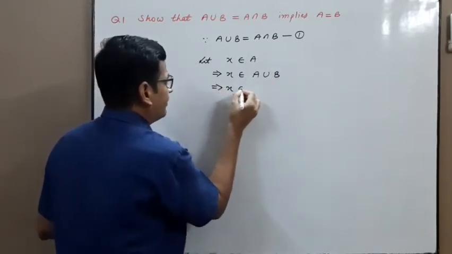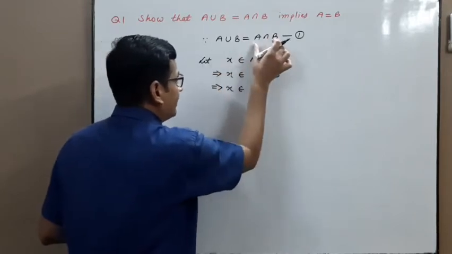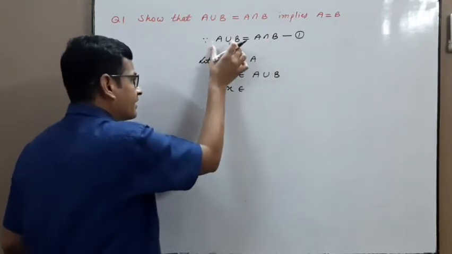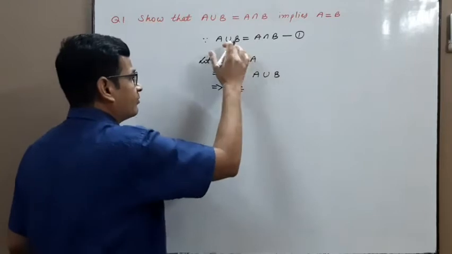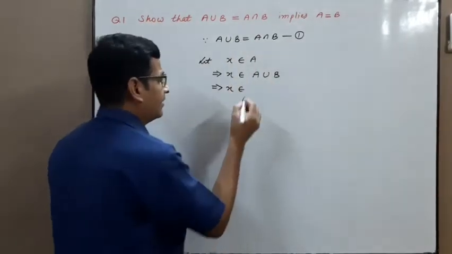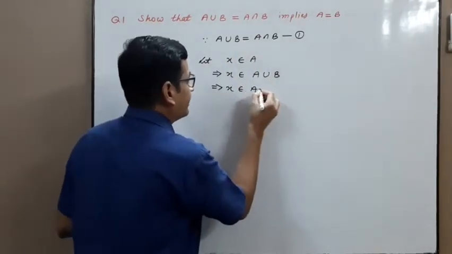But A union B is equal to A intersection B. If X belongs to this set, then X also belongs to this set because both sets are equal. So X belongs to A intersection B.